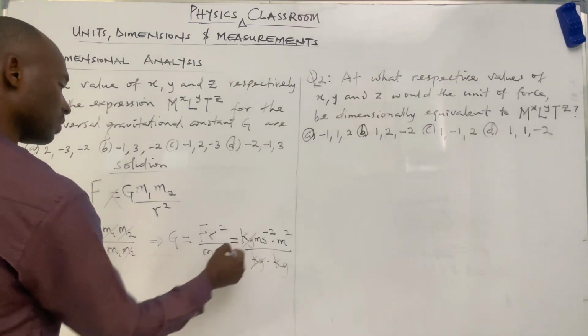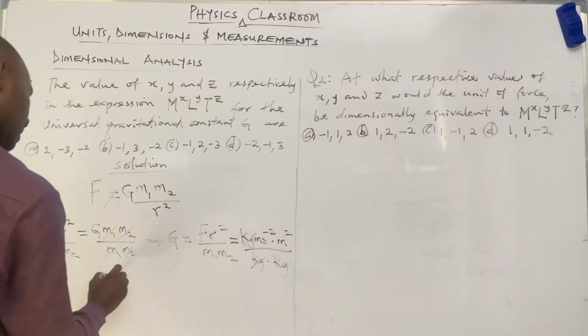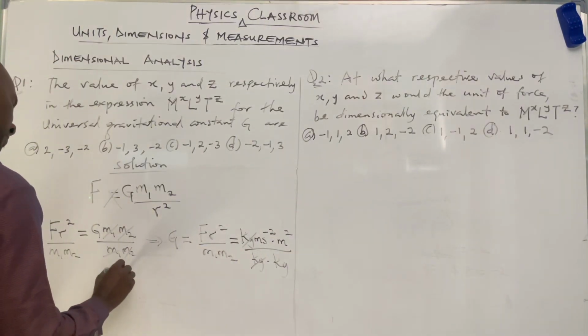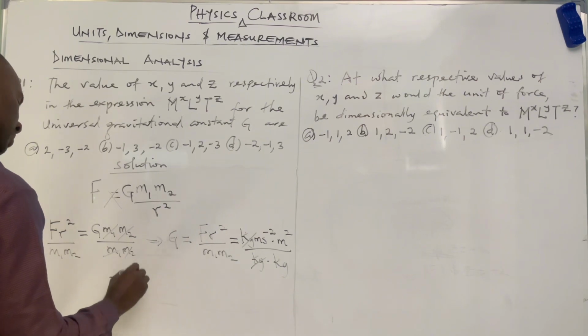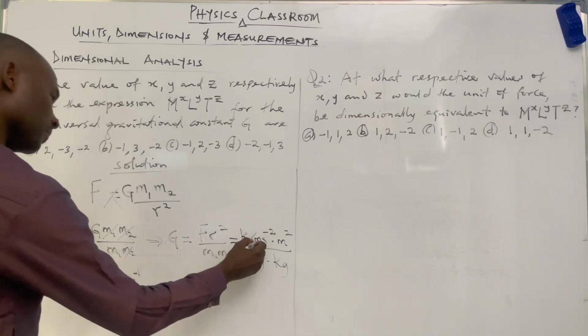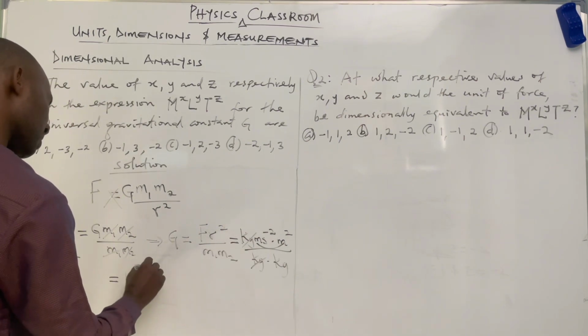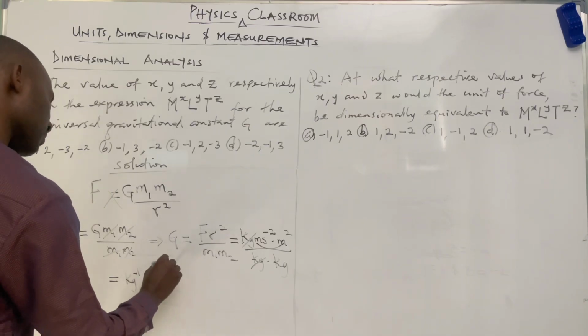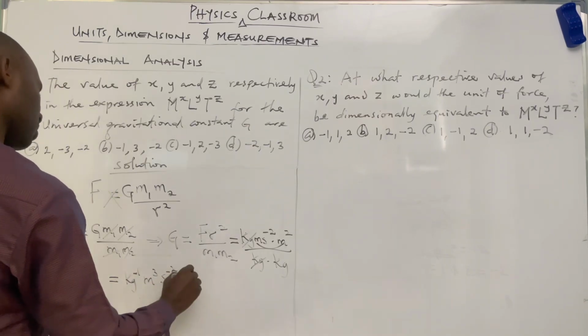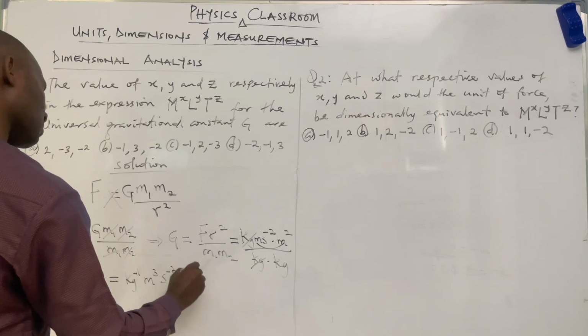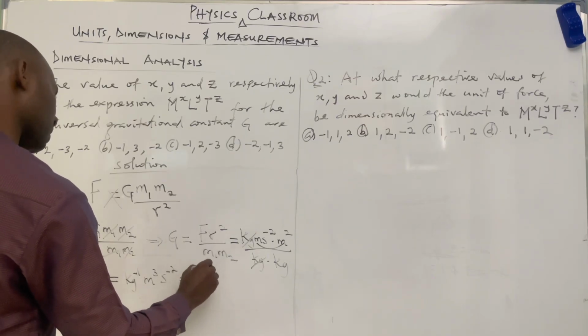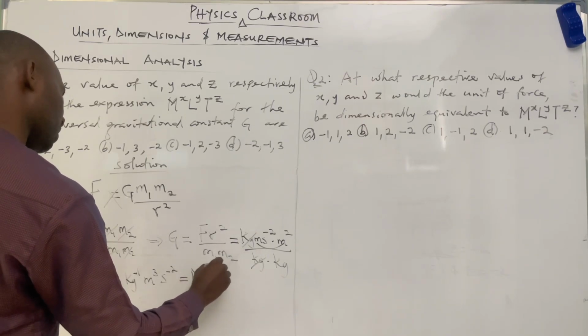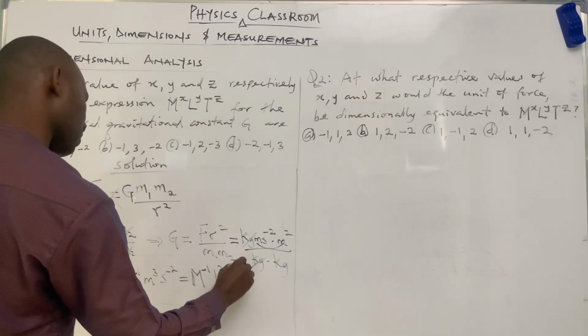So this cancels one of these. What we have here can now be expressed as per kilogram, meter cubed per second squared. In its dimensional form, it will change to M^-1 L^3 T^-2.